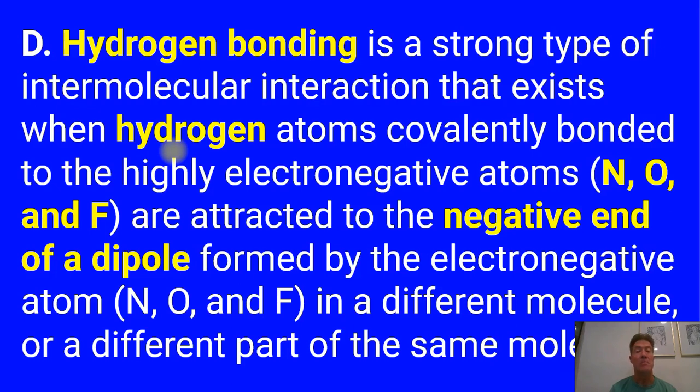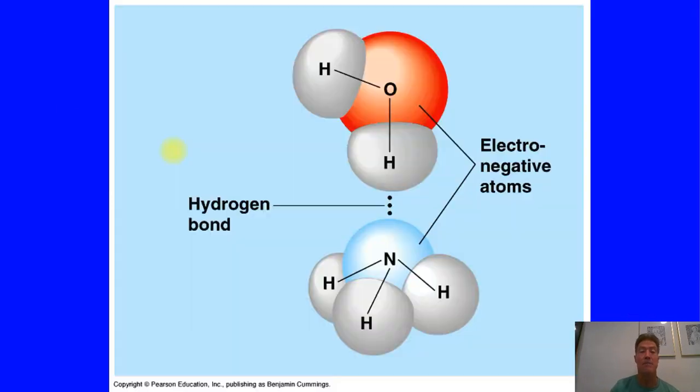Hydrogen is very small, and when it bonds to a highly electronegative atom like nitrogen, oxygen, fluorine, it allows the partial positive of the hydrogen to be attracted to the negative end of the dipole, and because N, O, and F are relatively small, the hydrogens can get very, very close to those electronegative atoms, and that forms a very strong kind of dipole-dipole bonding that we identify as hydrogen bonding.